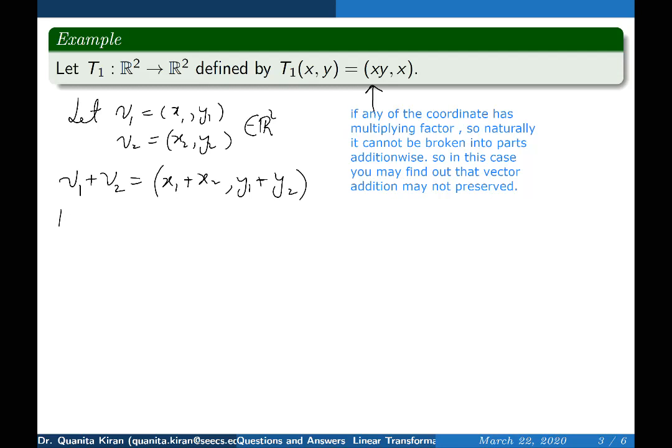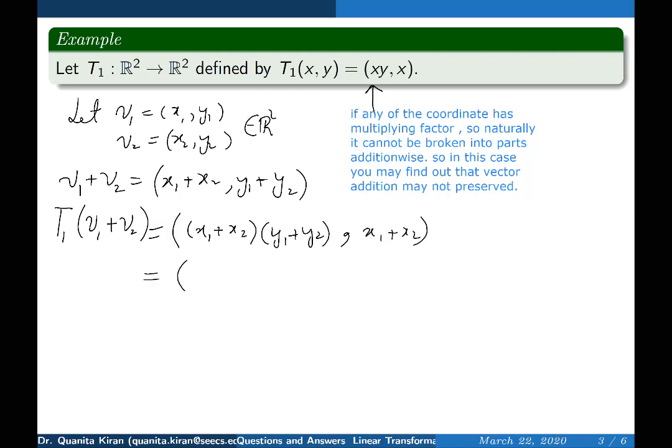And if you apply T1 on this sum, then this becomes x1 plus x2 times y1 plus y2 and x1 plus x2, and this comes out to be x1 y1 plus x1 y2 plus x2 y1 plus x2 y2.